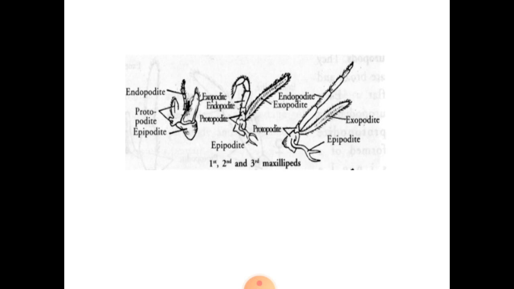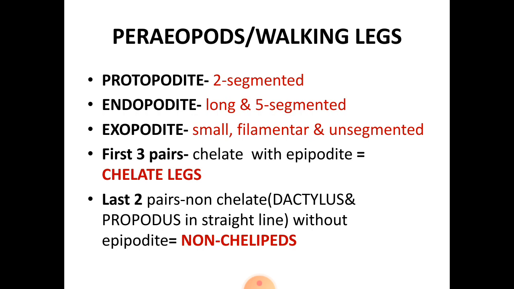This is the first maxilliped. You can see the epipodite is triangular in shape here, and in the second and third maxillipeds, you can see the shape of the endopodite. One is in the shape of a question mark, another is straight. Next are the pereiopods or walking legs. They consist of a two-segmented protopodite, a long five-segmented endopodite, and the exopodite is small, filamentous and unsegmented.